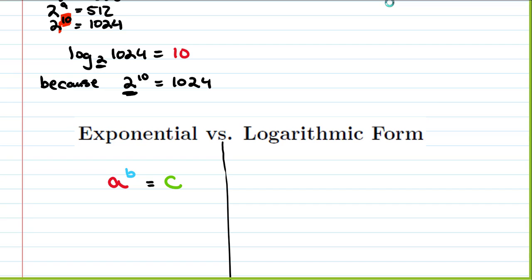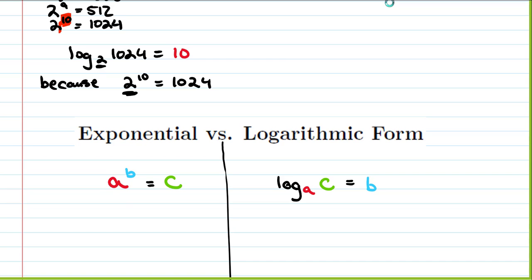So if our base is a, we see that the base of the exponent is the same as the base in the logarithm. So the equivalent form would be the logarithm with a base of a, and what goes inside the logarithm was what was on the other side of the equal sign. So the logarithm base a of c is going to be equal to the number b. Well, that should make sense because b was the exponent. And what is a logarithm? A logarithm is the exponent.